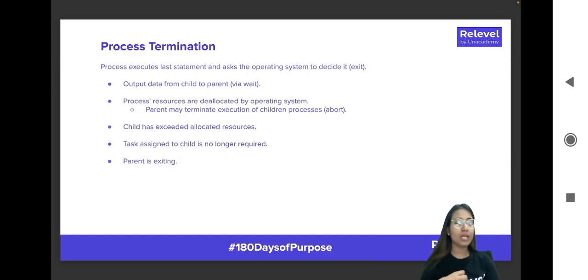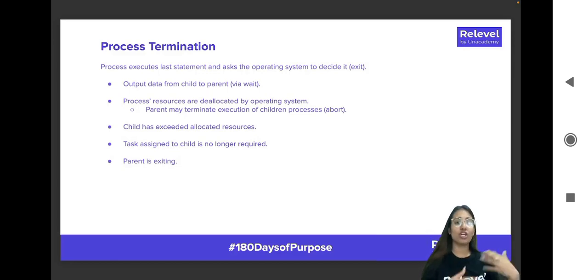Now, the process may also be terminated by the system for a variety of other reasons as well. So it's not that only when a process has executed its last statement will it ask for its termination. There are a lot of other reasons. Sometimes the system is unable to deliver the relevant system resources.